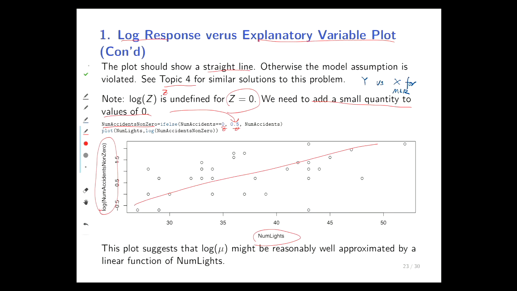But in this specific case, because we cannot find a very specific pattern, maybe we just continue and use other diagnostic tools to help us check all the other assumptions. So let's basically ignore it, because we cannot find a very clear pattern. Here we may conclude that it's okay to use this linear function.